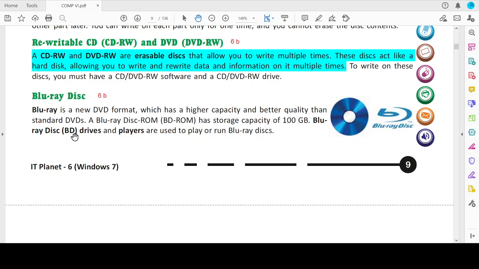Blu-ray drives and players are used to play or run Blu-ray discs. So it's having a capacity of 100 GB. Look at the capacity it is having, right? You can store up to 100 GB of data.